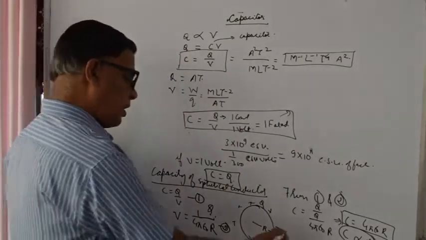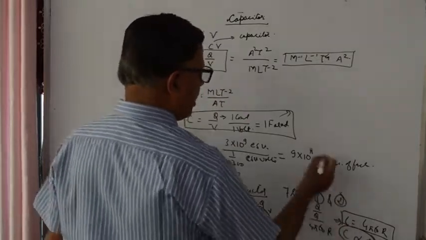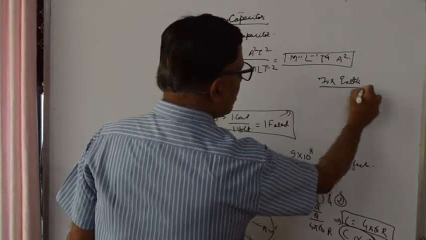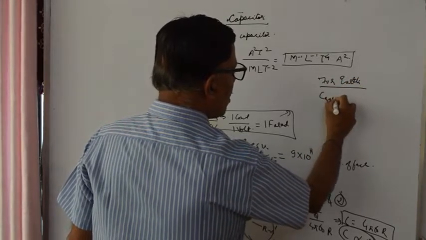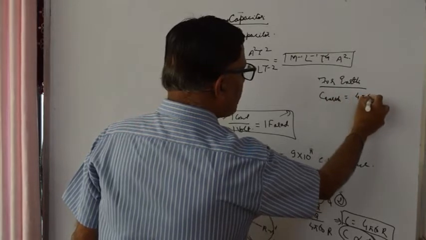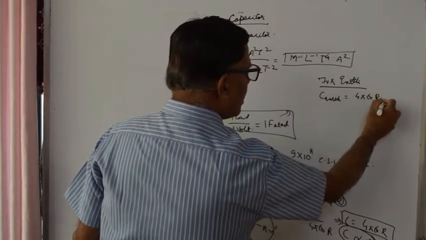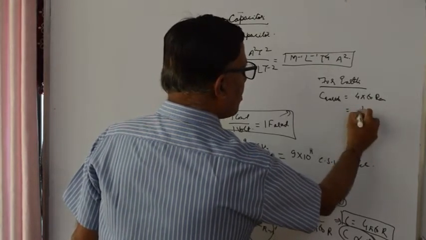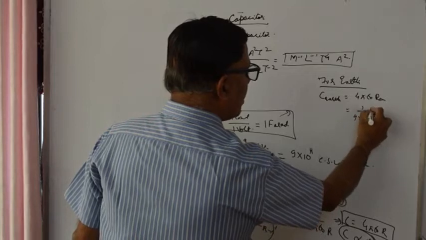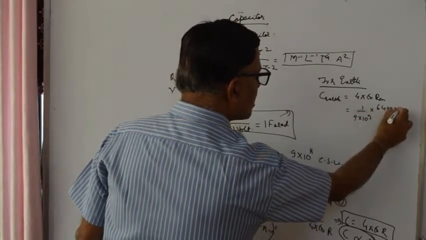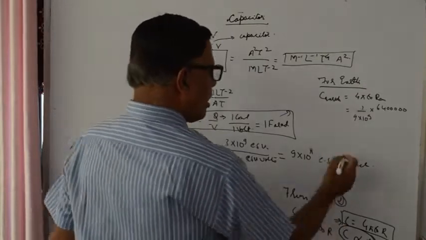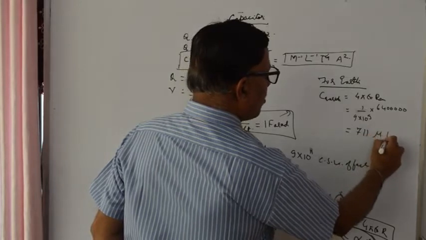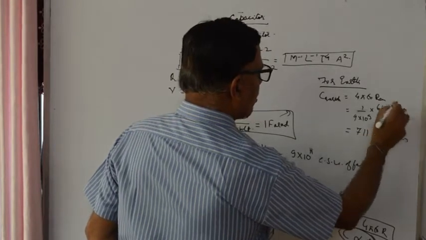For earth, you can put the radius of earth. C earth is equal to 4 pi epsilon 0 r earth, which is equal to 1 upon 9 into 10 to the power 9 into 6400 kilometers, the radius. Converted into meters, you will get approximately 711 microfarads on calculation.